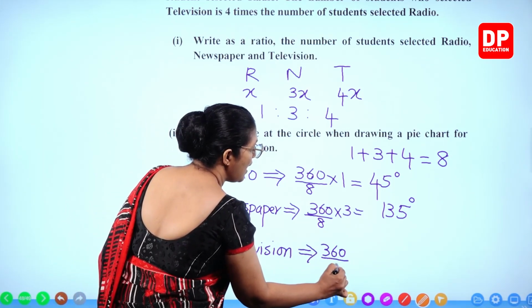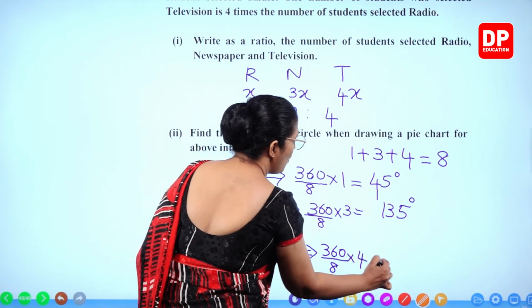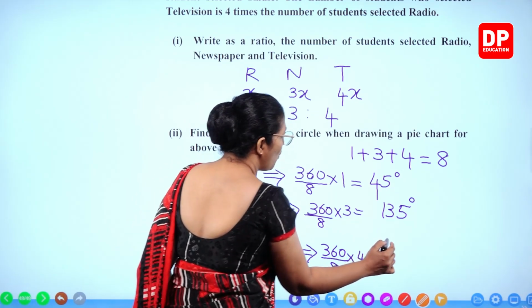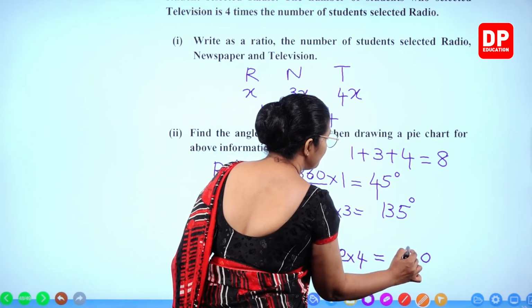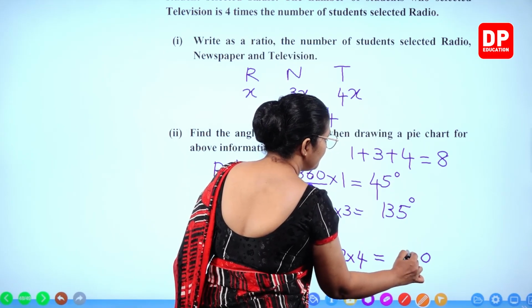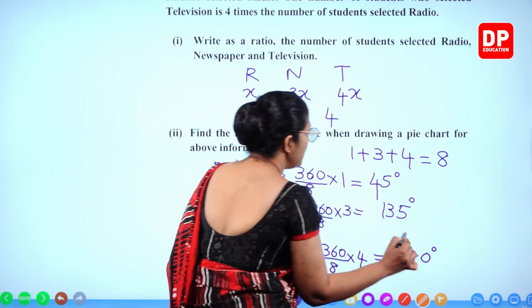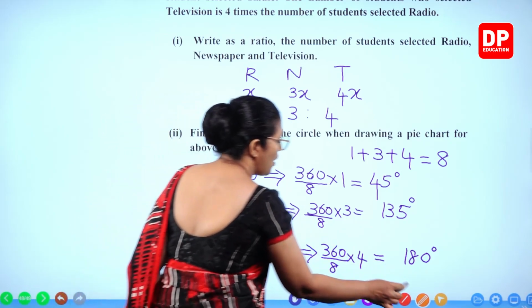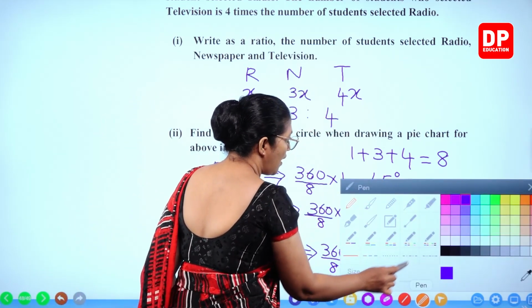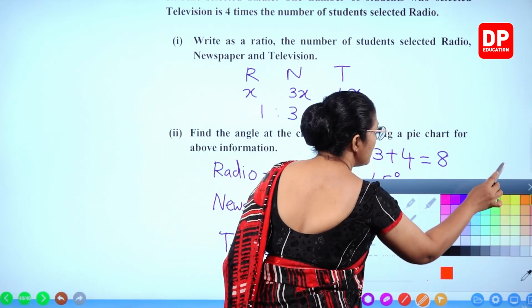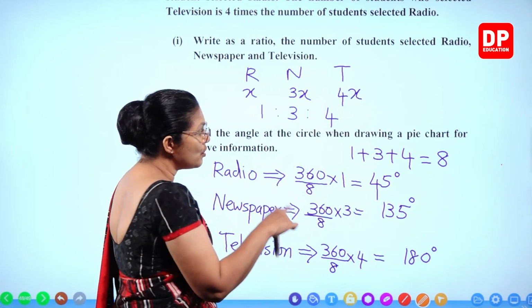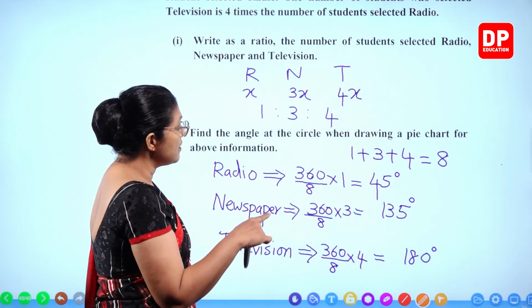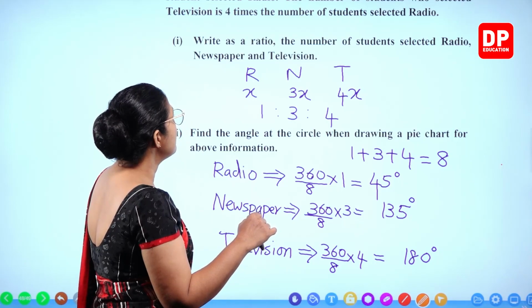360 divided by 8 and multiplied by 4. 45 times 4 is 180. So you are getting 45, 135 and 180. Altogether, when you add the 3 angles, that's 360 degrees.